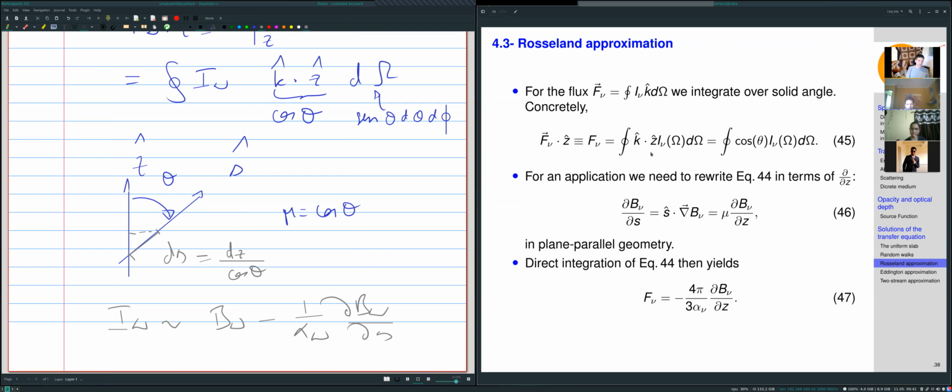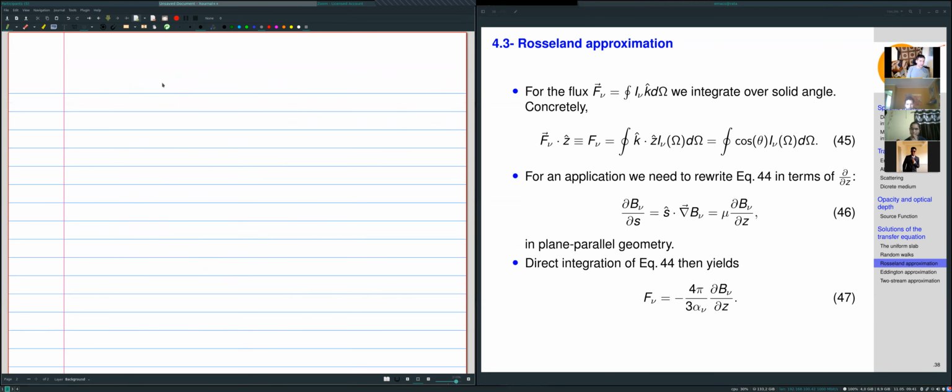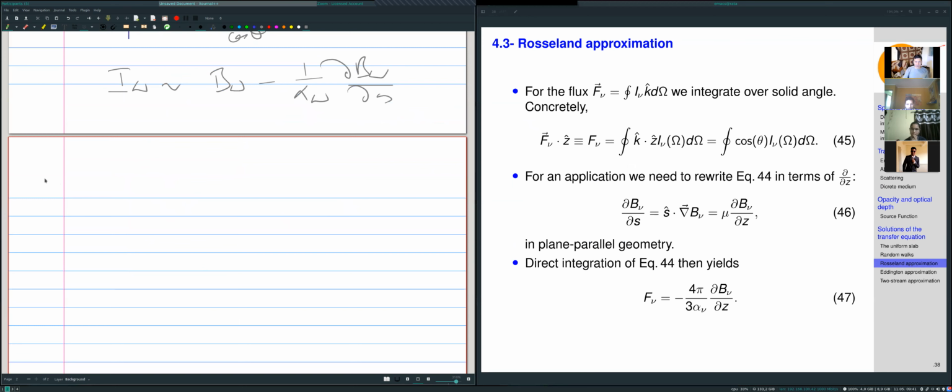Let me add another sheet. So this is k nu dot z times I nu, equal to the integral of k nu dot z times what was on the right hand side. And this thing here is going to be F nu in the direction z.